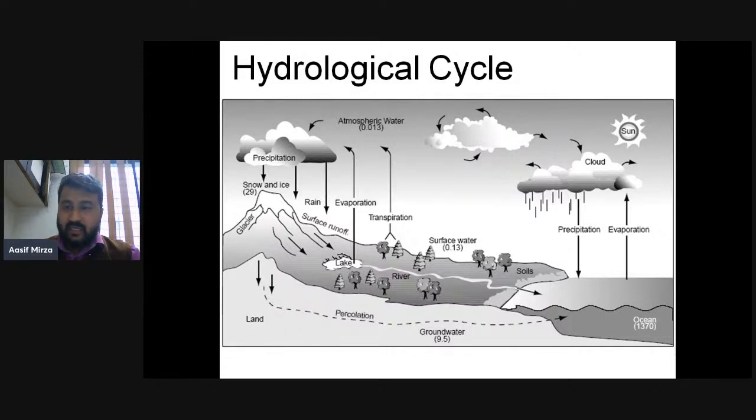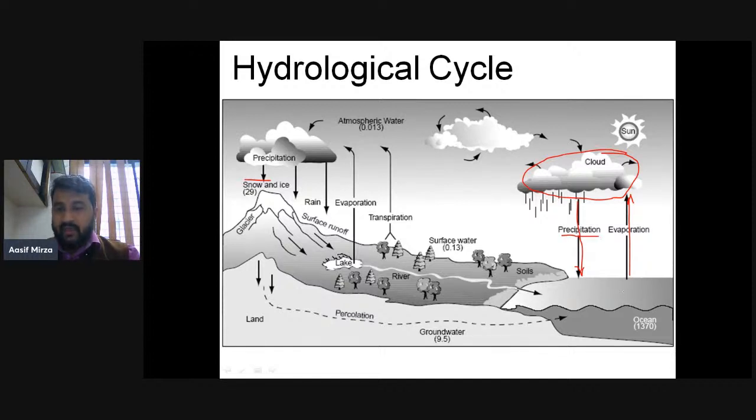Okay, so you can see here the evaporation is done, and due to this evaporation, clouds are formed, and then after the clouds get cooler, the precipitation happens.